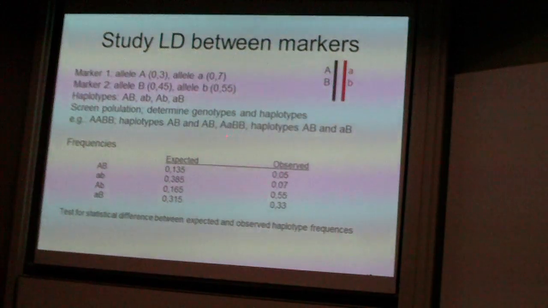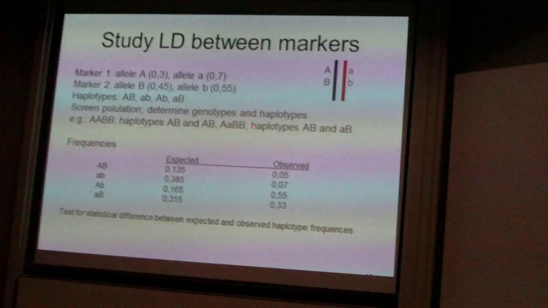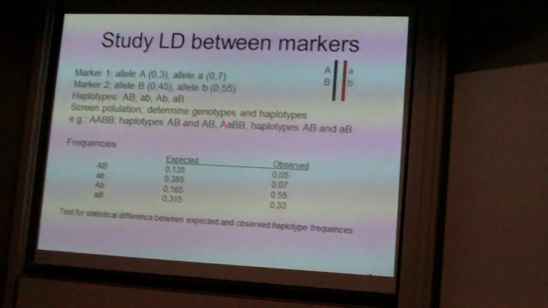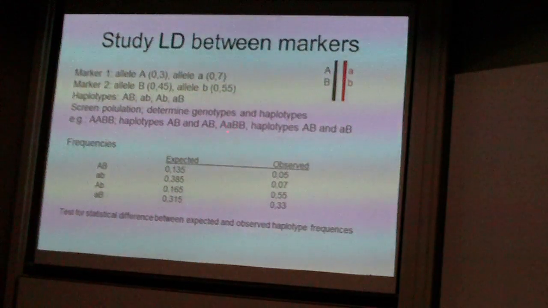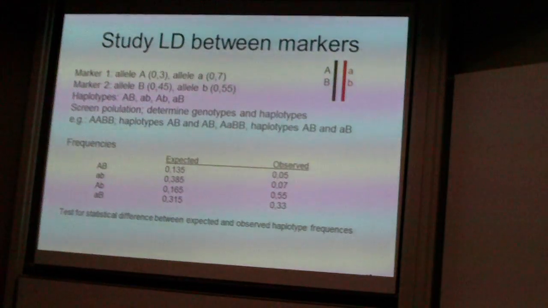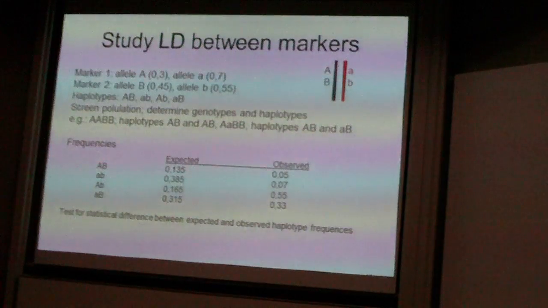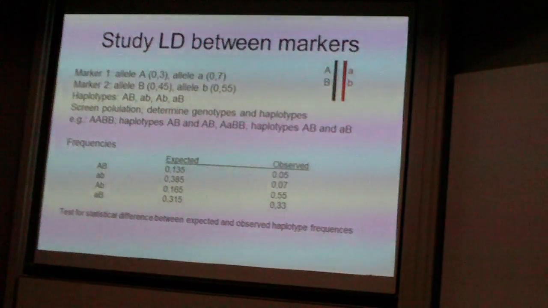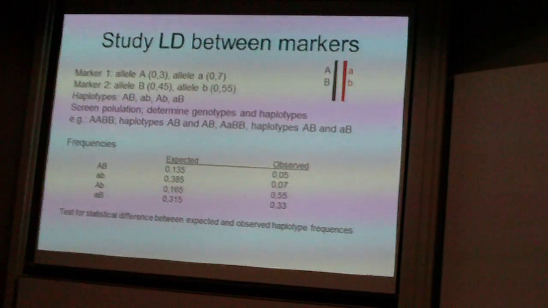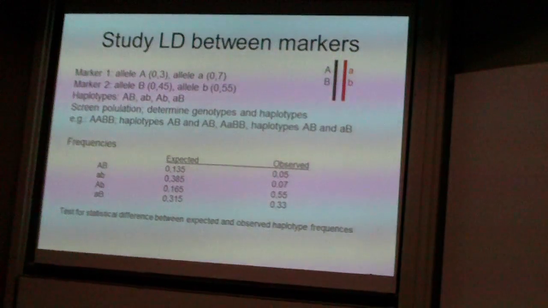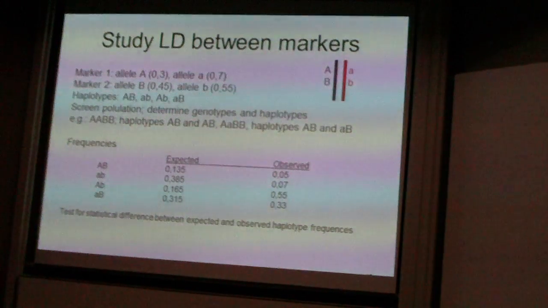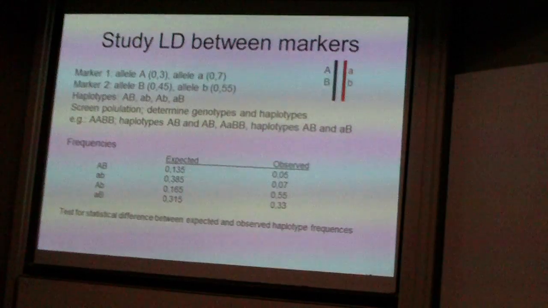If another individual would have this allele combination, then you will know there should be one haplotype like this and one haplotype like this. So this one will have one time this haplotype, but also the haplotype small a, big B. Just as an example, you do that for all the individuals, and in this way you can calculate the observed haplotype frequencies.